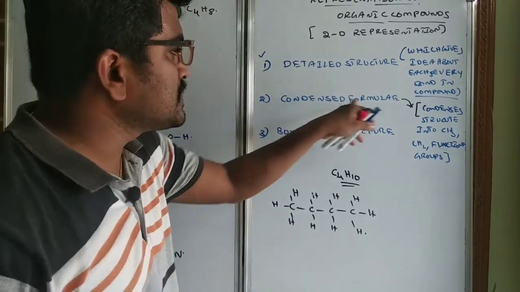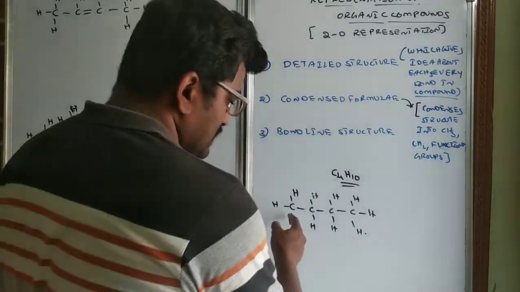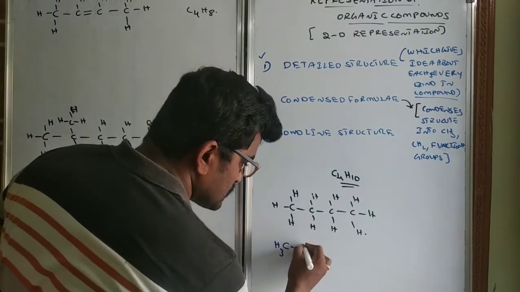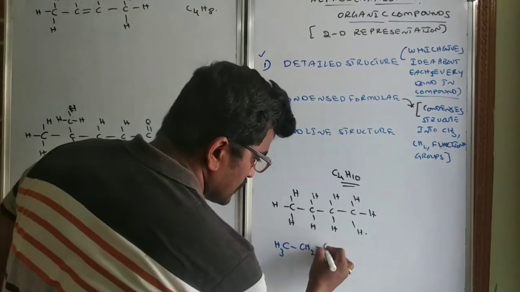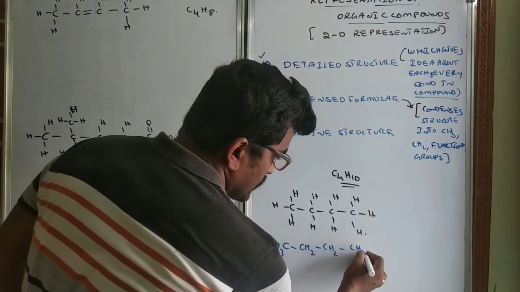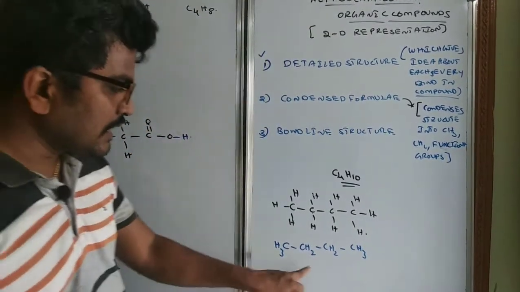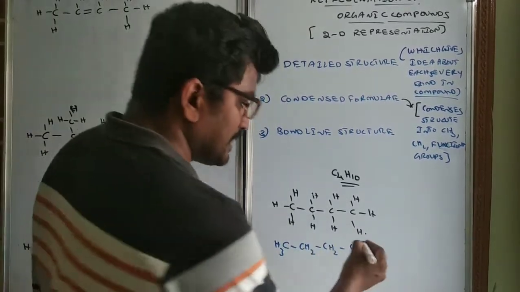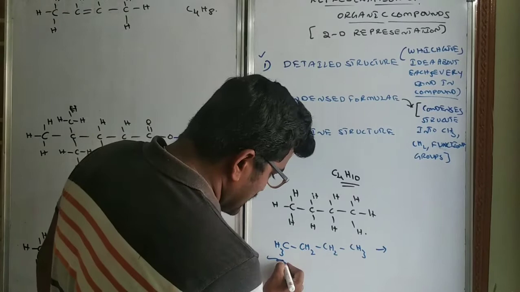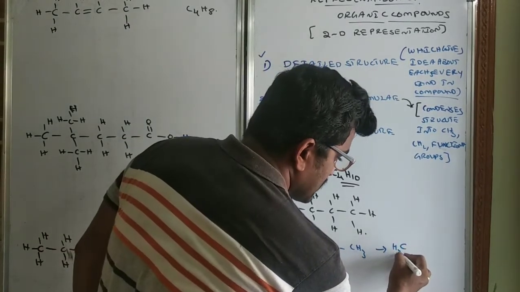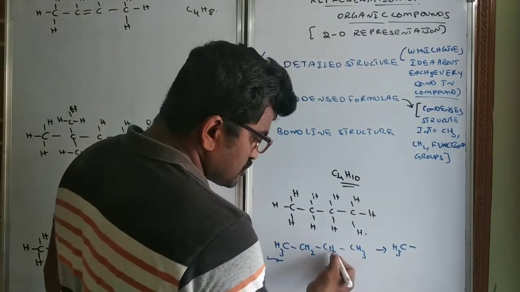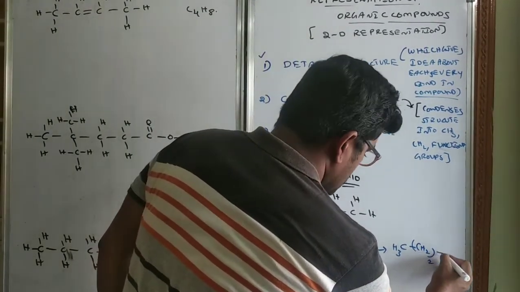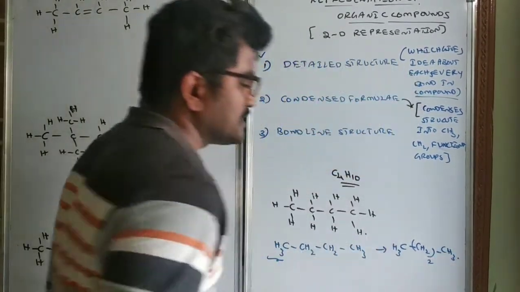Let us see what this condensed formula is. Here you see this one is CH3, this one is CH2, CH2, CH3 will come. This is the condensed formula. This condensed formula can further be written as: on this end CH3 is there, so we write CH3, then the CH2 group 2 times, so CH2 twice, then CH3 will come.